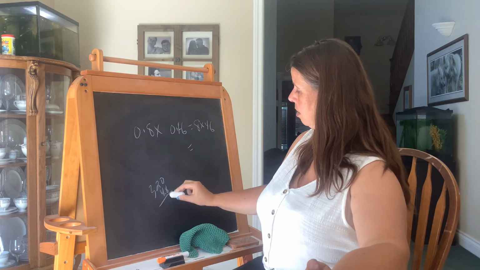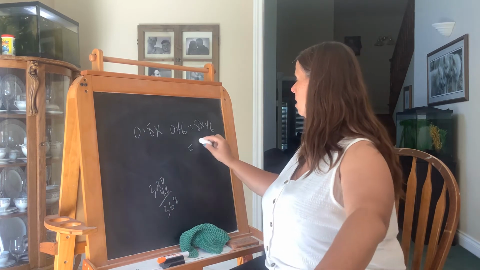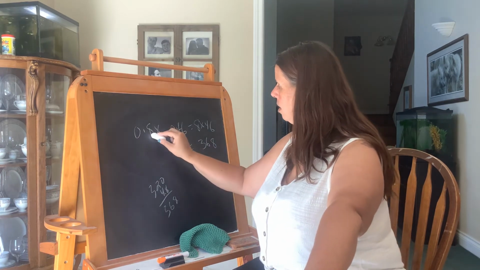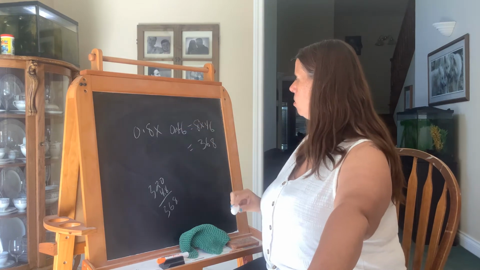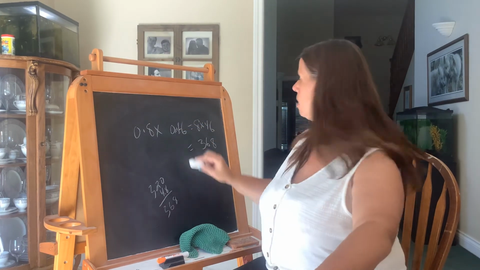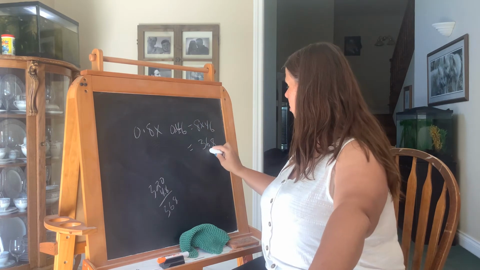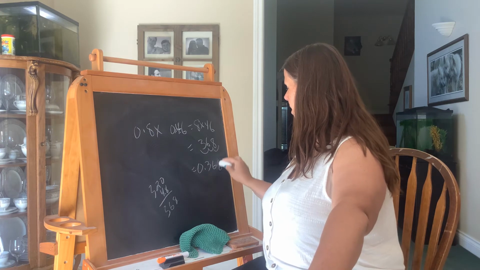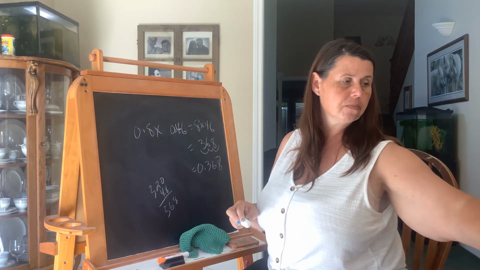So 320 and 48 would be 368. So 8 times 46 is 368. Now I have 1 decimal here and 2 here. There's 2 after the decimal, right? That is right, right? Yes, 0.46. So 1, 2, 3. So I'm going to go 1, 2, 3. So it's 0.368. Okay, you go finish the rest of the question.